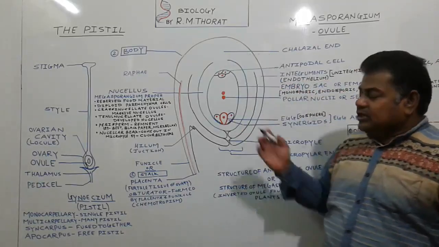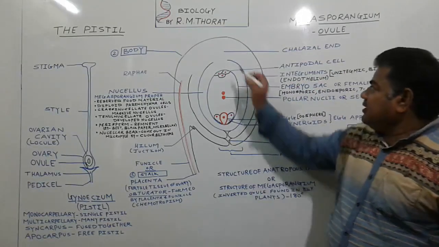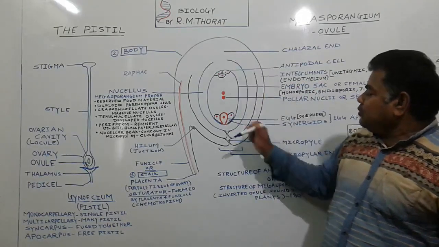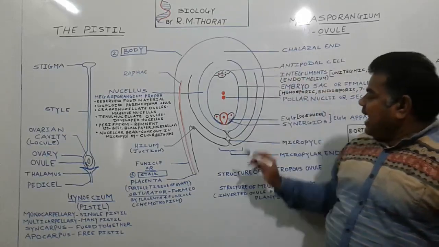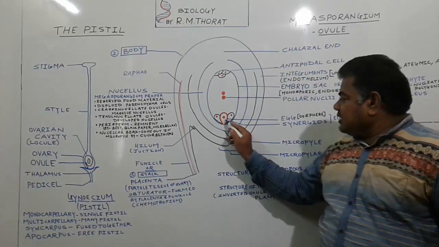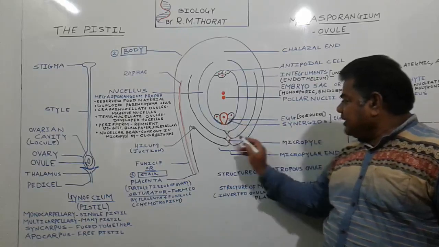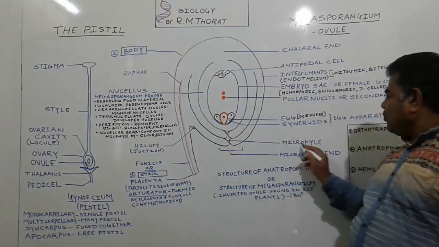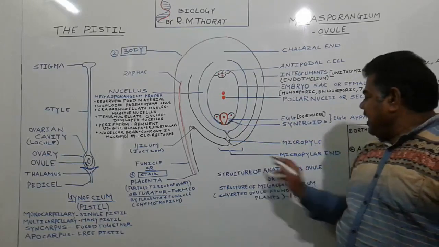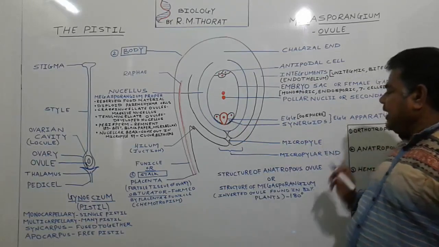This ovule shows two ends. The end opposite to the micropyle we call the chalazal end, and towards the egg apparatus the micropyle or micropore is present, and this end we call the micropylar end.